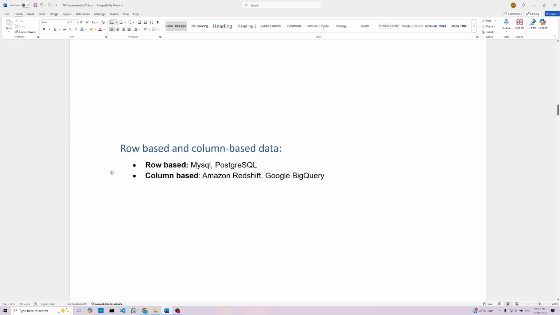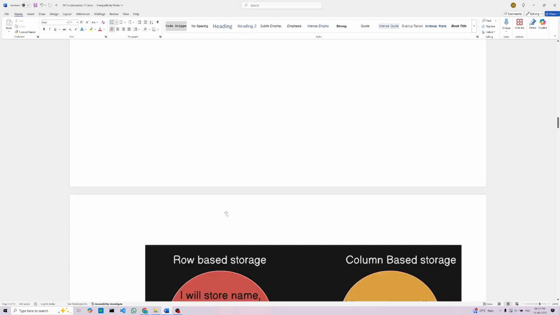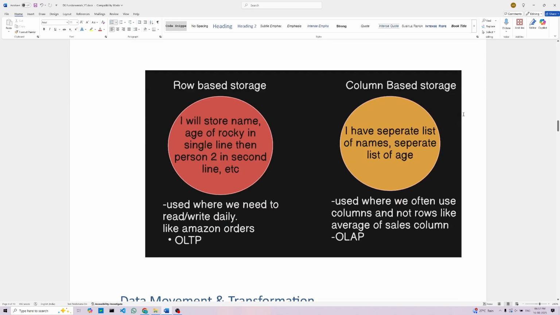Now next we have row based and column based data. As you can see in the diagram, again we have two boys. This red boy is saying I want to store name and the age of person 1, let's say Rocky, in a single line, and then name and age of person 2 in the second line.